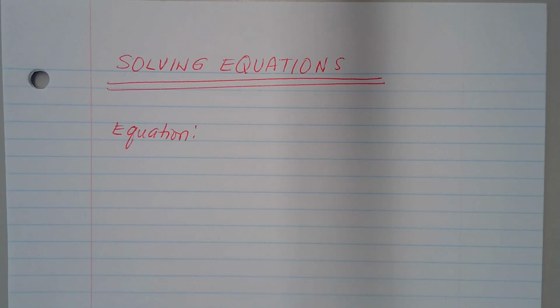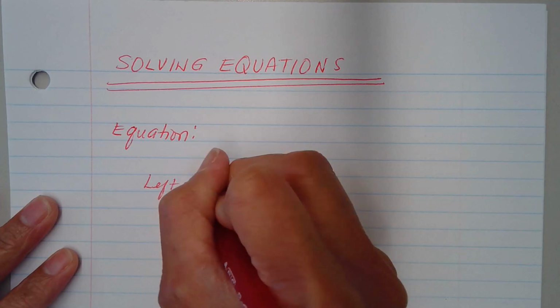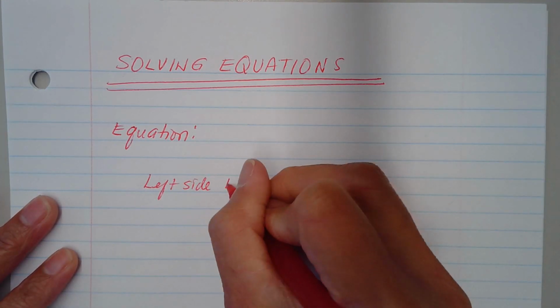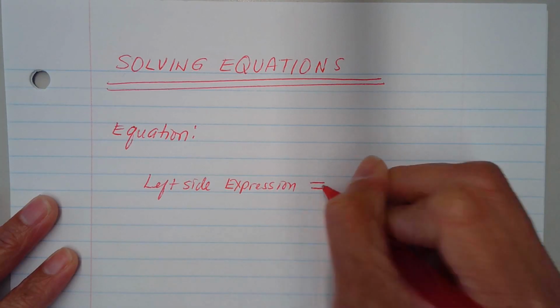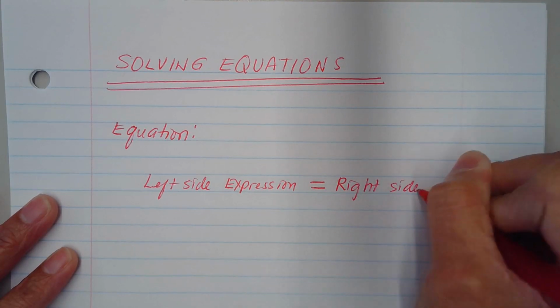An equation is when you have two expressions, one on each side, and there's an equal sign in the middle. So you have the left side expression equal to the right side expression.